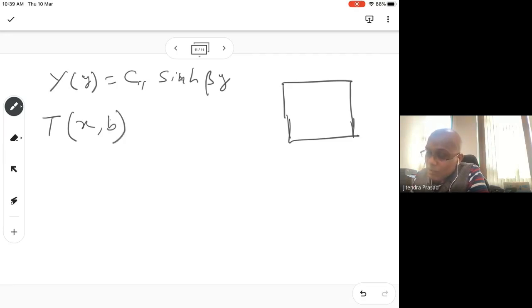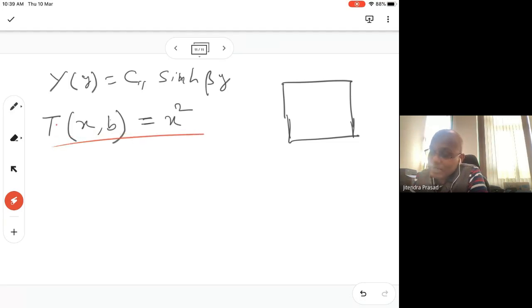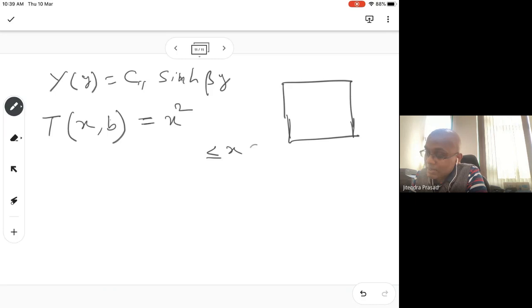Y equal to b is equal to, we have some boundary condition, a function of x. We said it was equal to x square. So we have T(x, b) equal to x square, where x varies from 0 to a. So this is how it is.